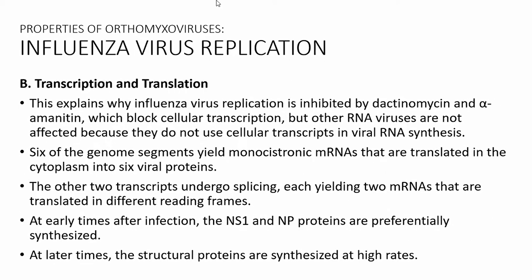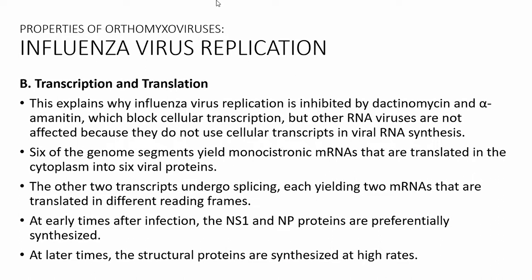So this explains why influenza virus replication is inhibited by dactinomycin and alpha-amanitin, which block cellular transcription. But other RNA viruses are not affected because they do not use cellular transcripts in viral RNA synthesis.